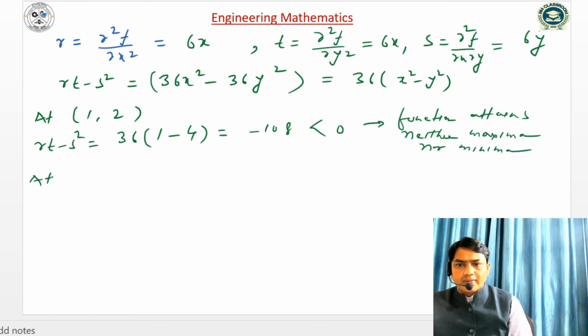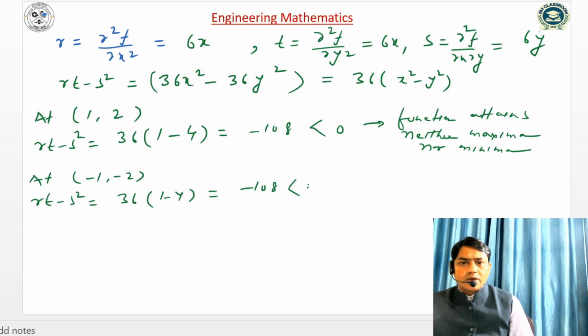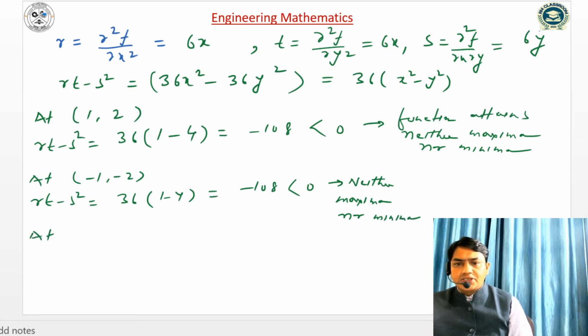Similarly, at the second point, minus 1 minus 2, rt minus s square is 36 into (1 minus 4), once again minus 108, less than 0. So the function attains neither maxima nor minima.